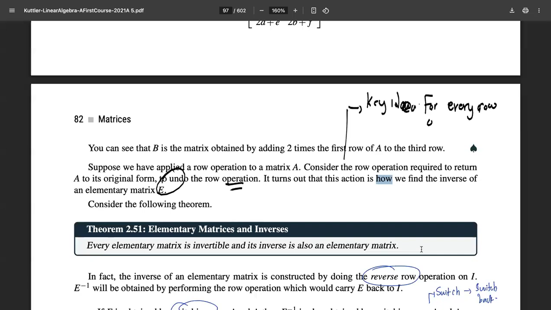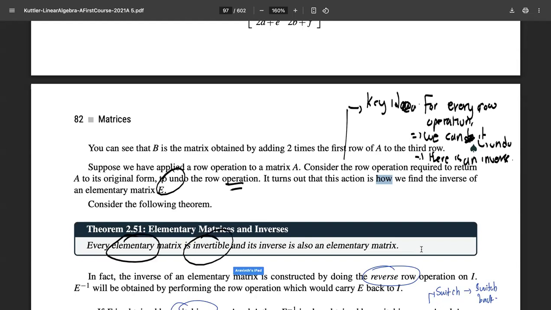If I swap row 1 and 2 to get a new matrix, I can unswap row 1 and 2, so I just swap it back. And if I multiply, for example, the second row by 3, how do I get back the original matrix? I multiply by 1 over 3. And that would negate the effects, right? So in mathematical language, every elementary matrix is invertible, and more importantly, its inverse is also an elementary matrix.